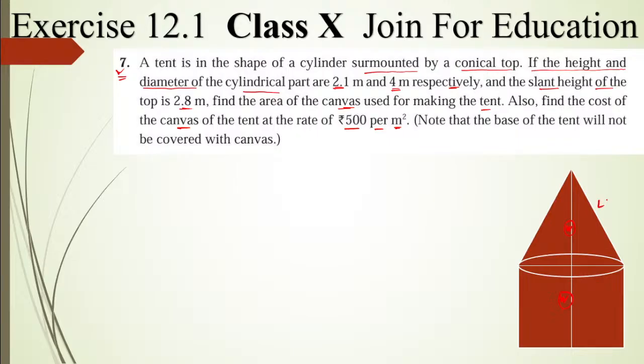Slant height is given here as 2.8, and diameter is 4 meter, therefore radius will be 2 meter, and height of the cylindrical part is 2.1 meter. Let's see the solution.